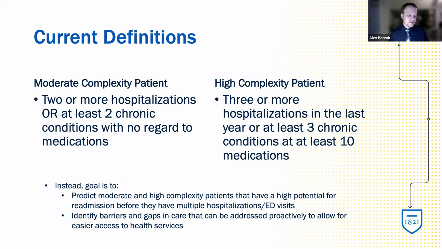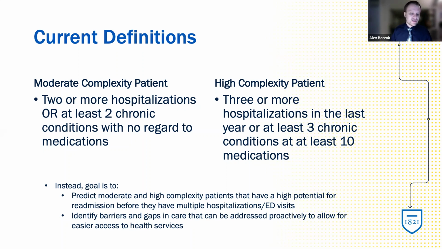Really what we're looking at is moderate complexity patients and high complexity patients. Those are two big categories of patients that we really want to capture because they have more stuff going on condition-wise, health-wise, that complicates their care.